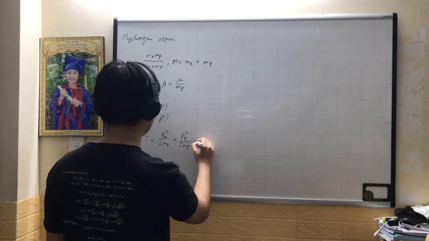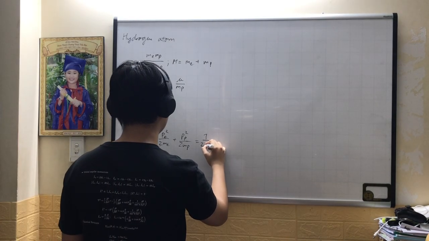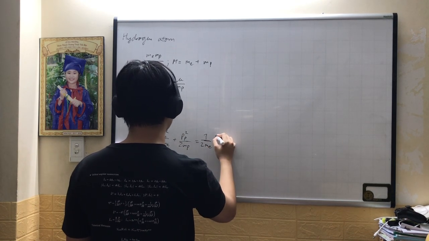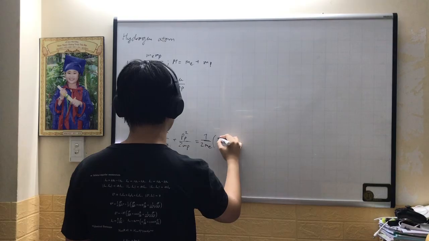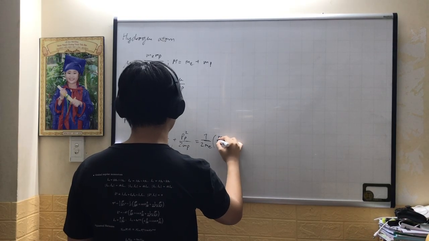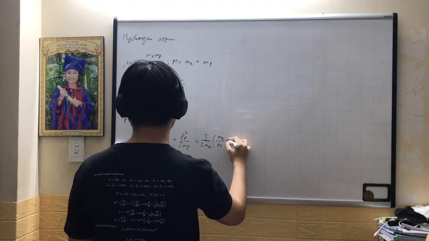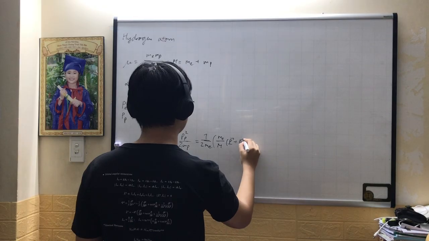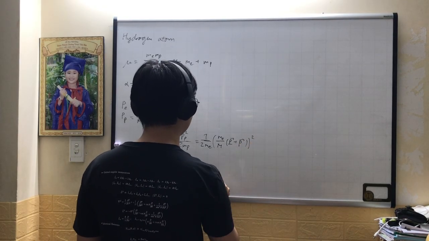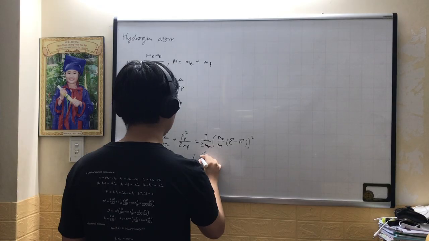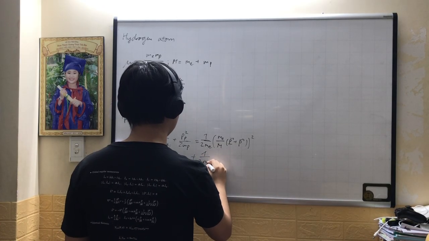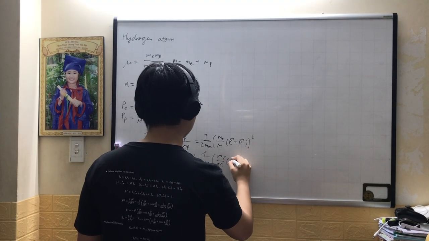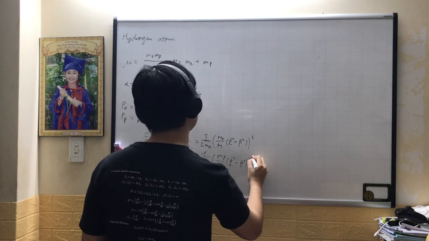So basically 1 over 2m_e, your p squared is gonna be m_e over m_p, big P plus small p squared, plus over 2m_p, m_p over m_e, this is big P minus small p squared.